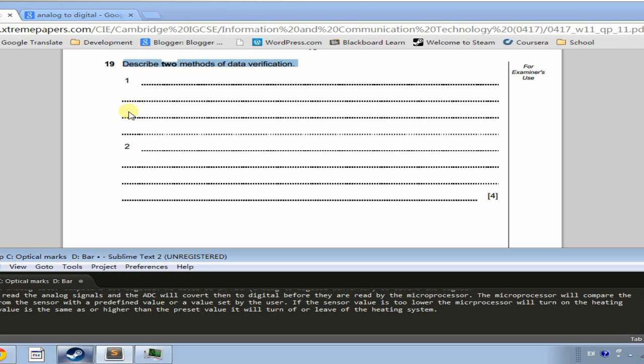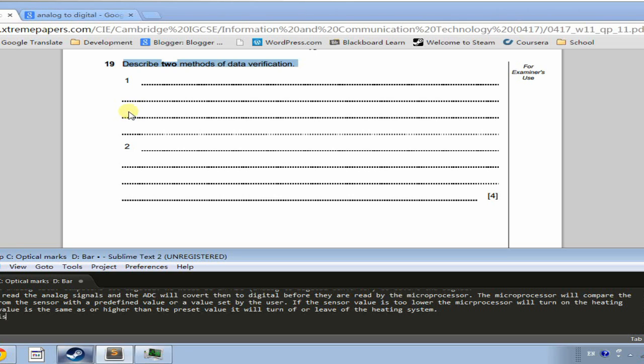So the first one is maybe the most obvious one, and perhaps we lose sight of it because it is so obvious. But this is just a visual check. So let's say I have a book, and I'm copying that book onto a computer. So the obvious way to check that would be for me to just look at it afterwards and read through it again.